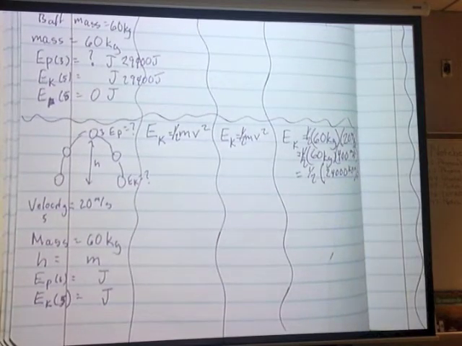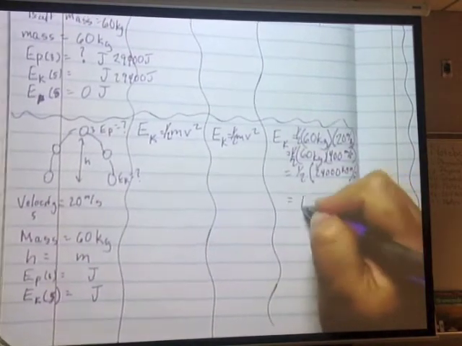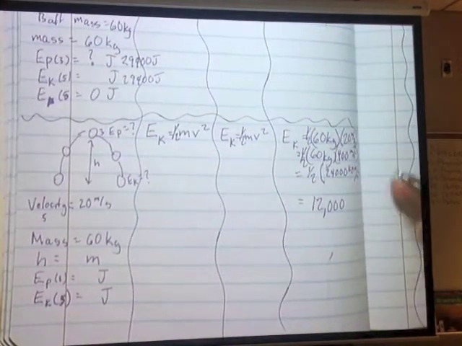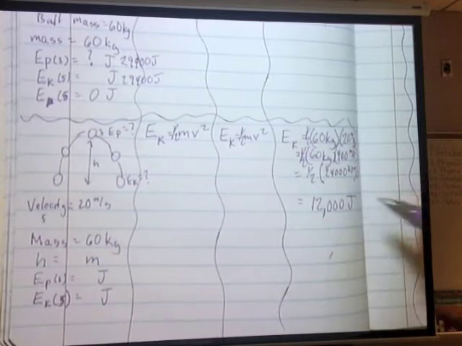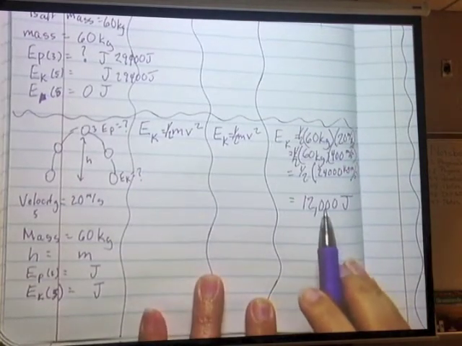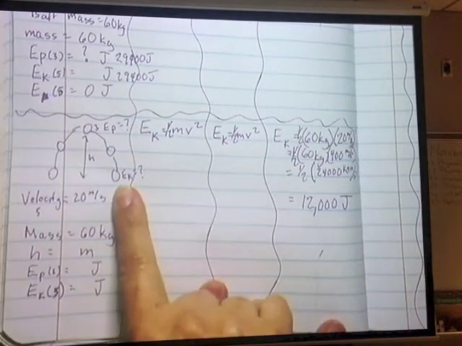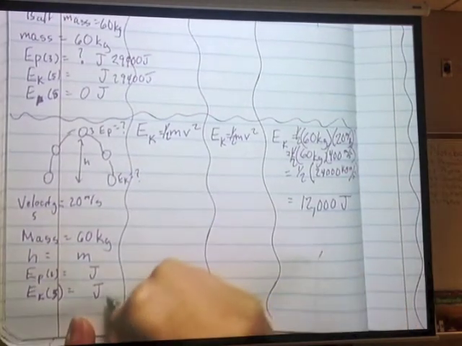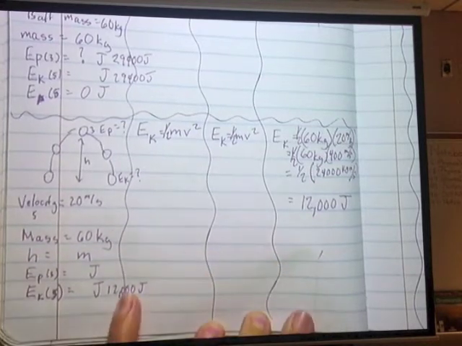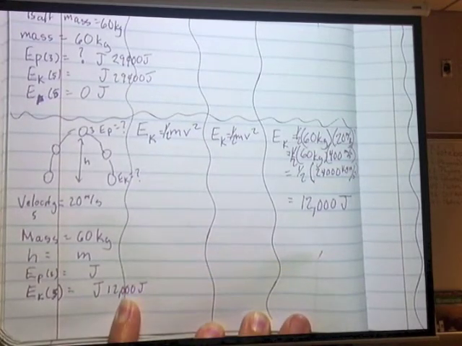And then when you multiply it times 1/2, it's basically like you're dividing by 2. You end up with 12,000. And since this is kinetic energy, it is still joules. So when you use the formula, you will find that the kinetic energy at 0.5 is 12,000 joules.